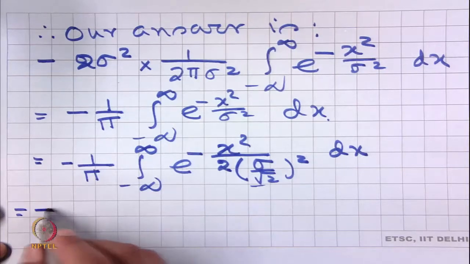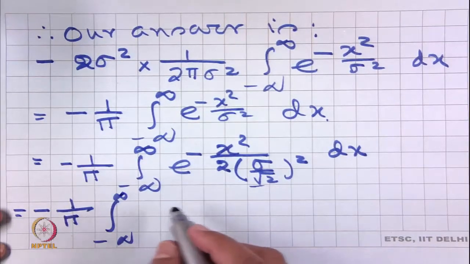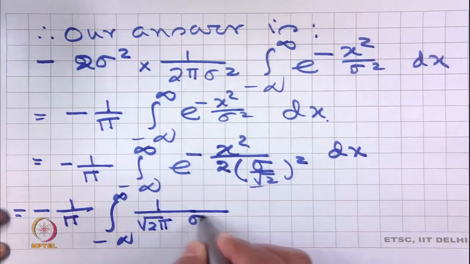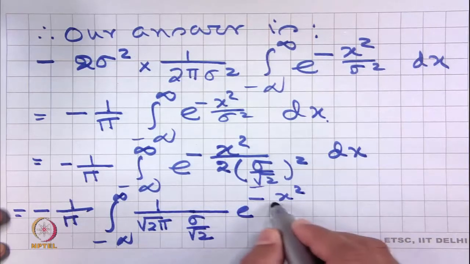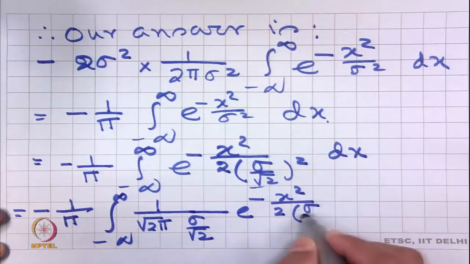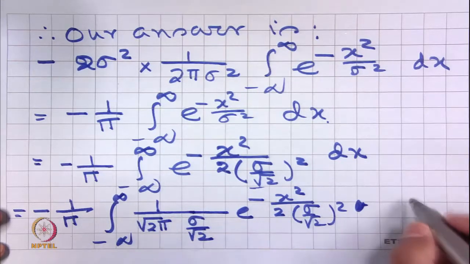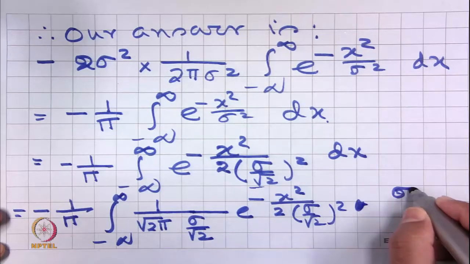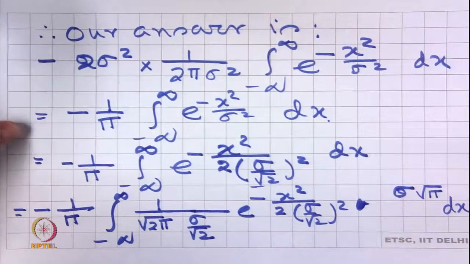So, let me write it as 1 over pi integration from minus infinity to infinity of 1 over root 2 pi sigma over root 2 e to the power minus x square upon 2 into (sigma over root 2) whole square, multiplied by, to compensate for this, I write sigma root pi, because this cancels and this gives me sigma root pi, dx.